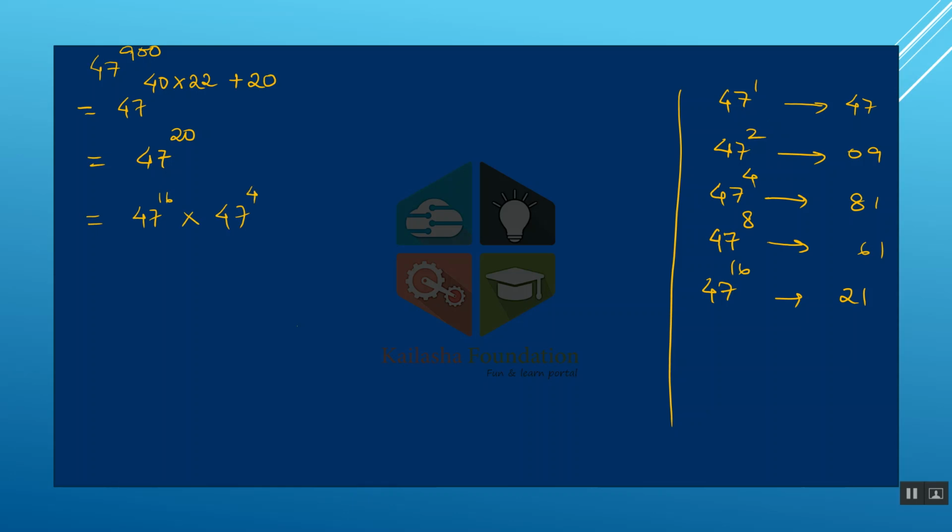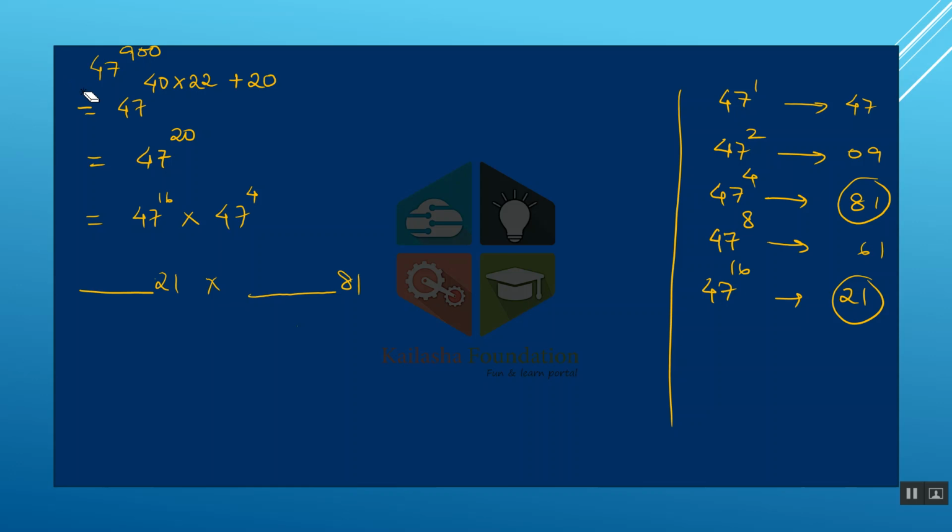So 21 and 81, last two digits. We need to multiply these. So last two digits are to be multiplied basically to get the last two digits of this original number 47 raised to the power 900.